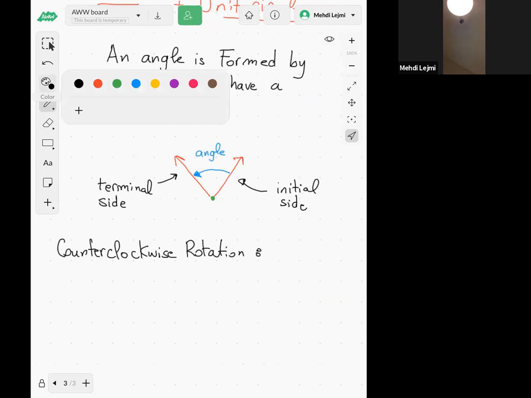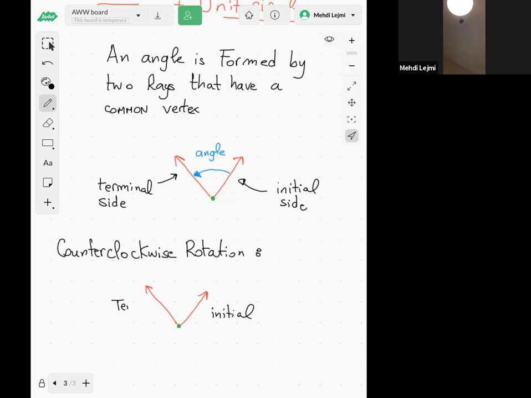In this case, you go from this initial side to this terminal side, and this angle is going to be positive, right? Because it's counterclockwise. But if you have a clockwise rotation, then that would be a negative angle, right?